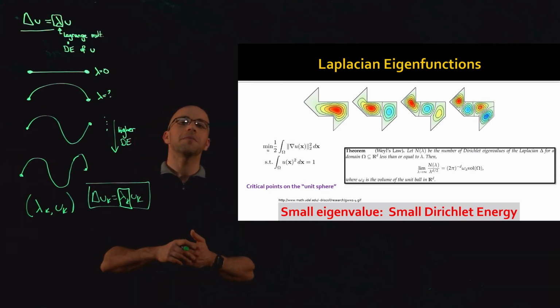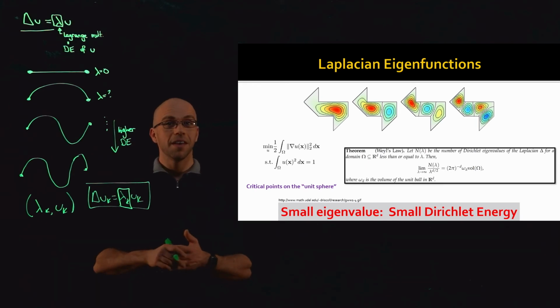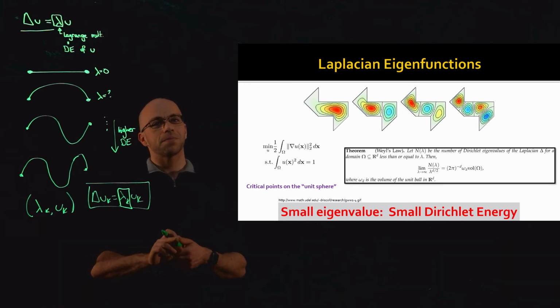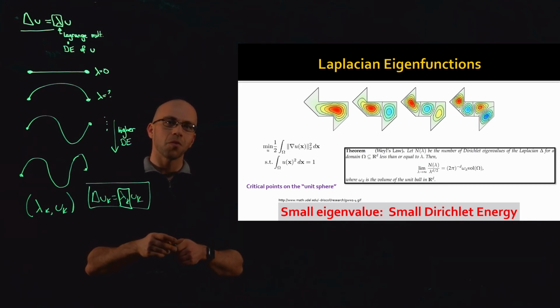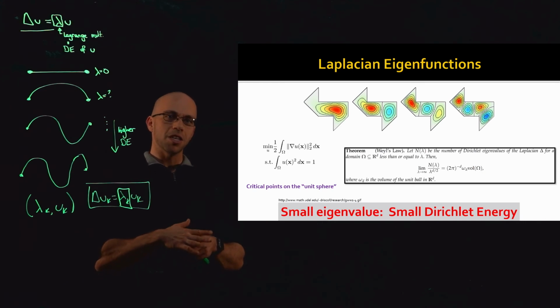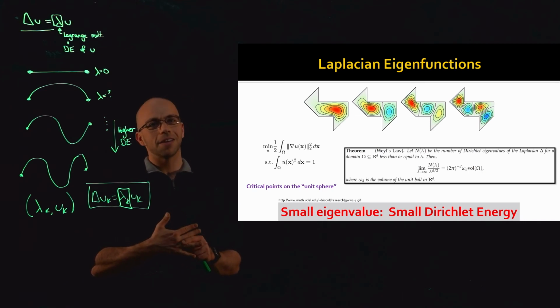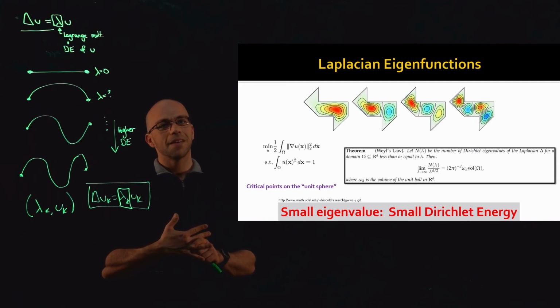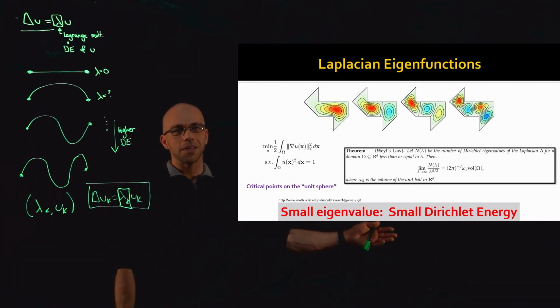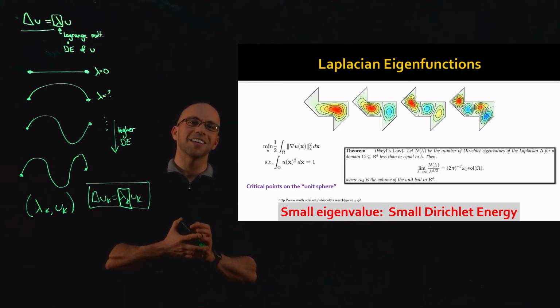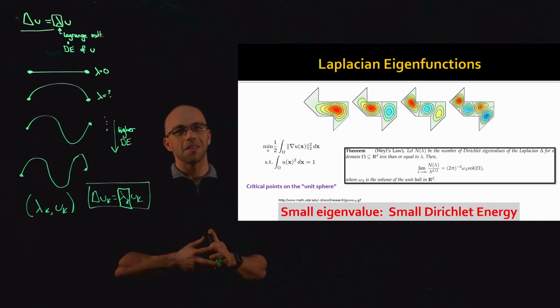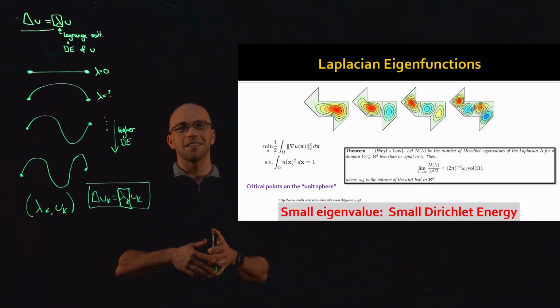So there's a really famous theorem, we're not going to prove it in this course, called Weyl's law, which looks at the number of eigenvalues of a Laplace operator for a shape, where the function N of lambda is the number of eigenvalues that are less than or equal to lambda. And one thing you can do is show that the rate at which N goes off to infinity as a function of lambda has to do with the dimensionality of your domain, as well as the volume and some nice constant.